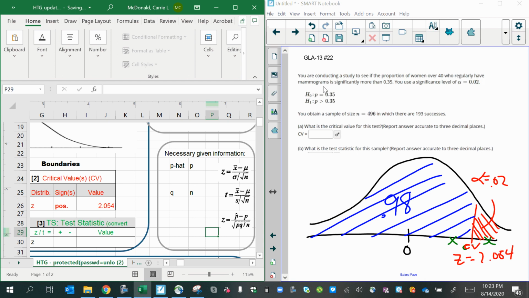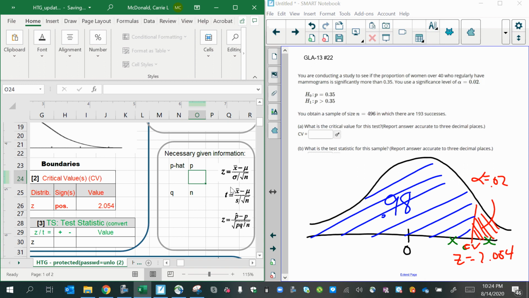It says you are conducting a study to see if the proportion of women over 40 is significantly more than 0.35. So remember, that was our null hypothesis value. P equals 0.35. We're assuming that that's true and looking to see if there's evidence against it.